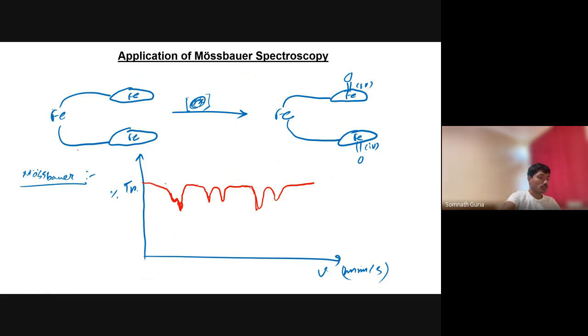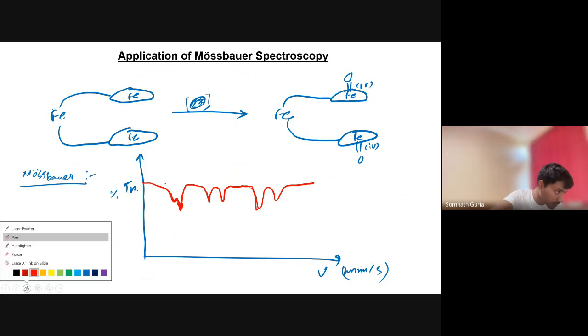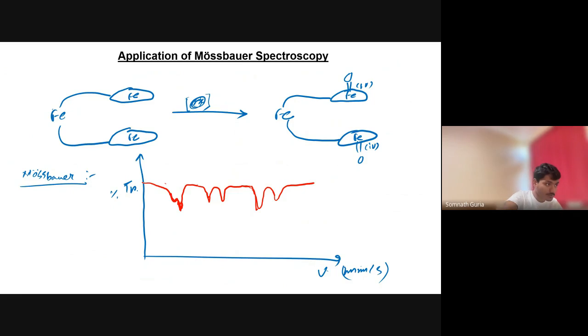Okay, so there are three fragments over here. Let's talk about this one. And then we have another fragment over here, this green line, and another is the red line.